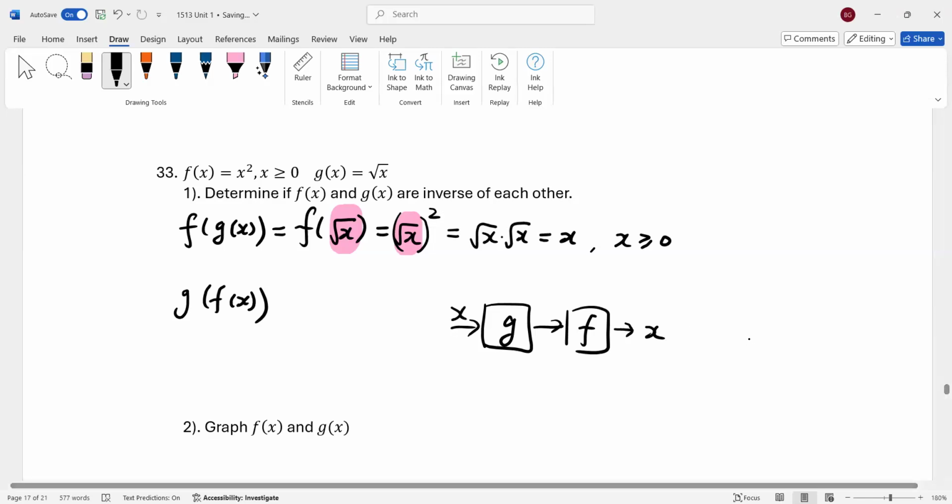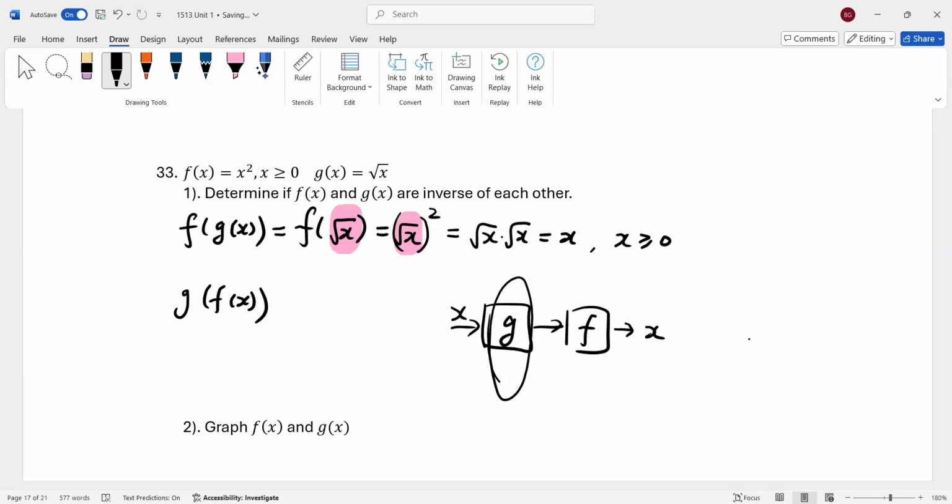That means whatever machine g has done to the input x, machine f has reversed it. So we proved f of g of x equals x. That means we proved f reverses g.